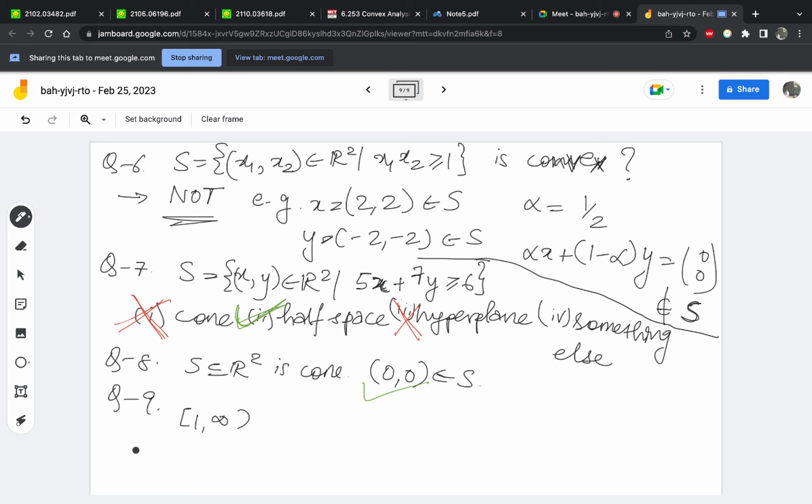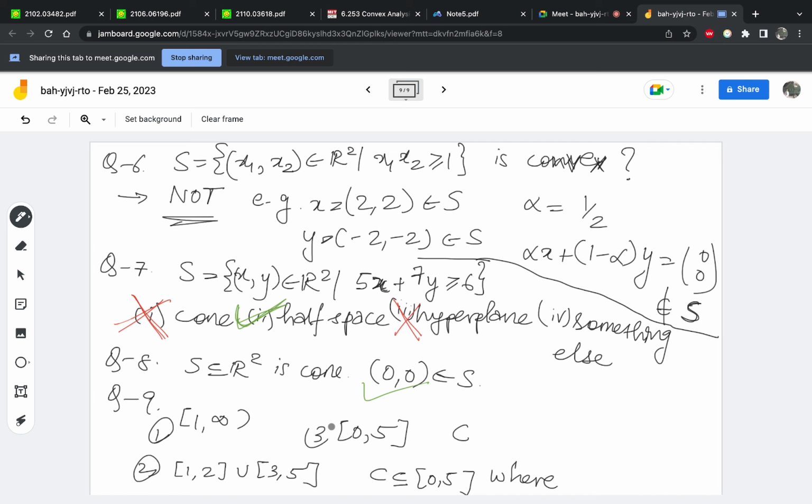So there are a few sets which are given and we want to see which of them are polyhedra. So a polyhedron is defined as an intersection of a finite number of half planes, right?